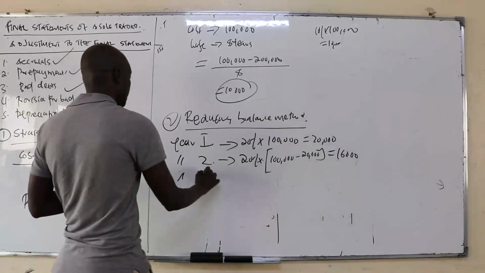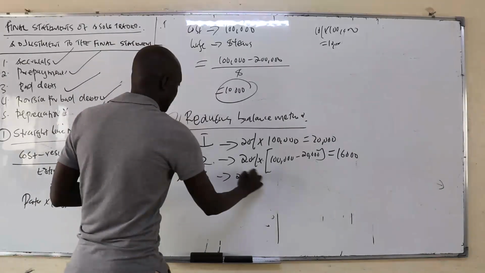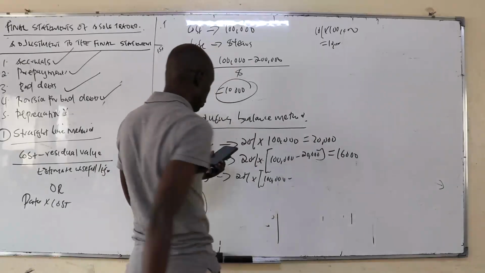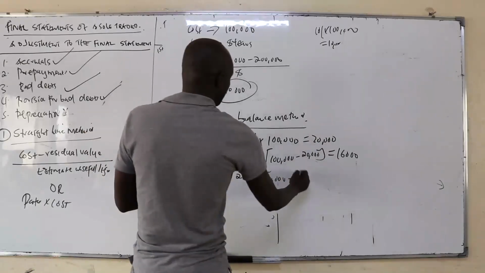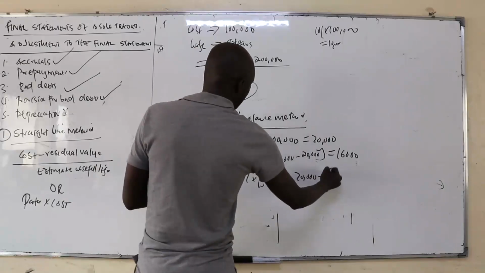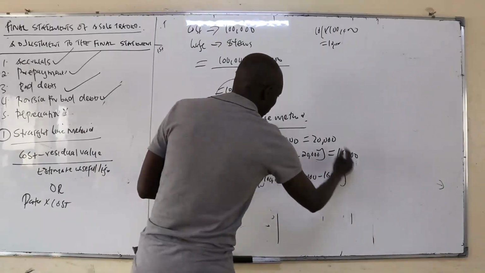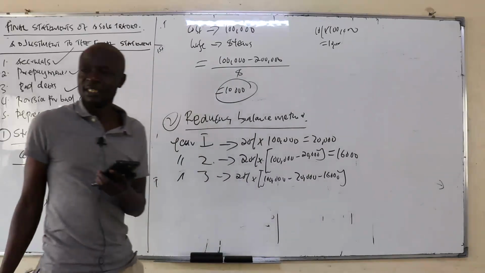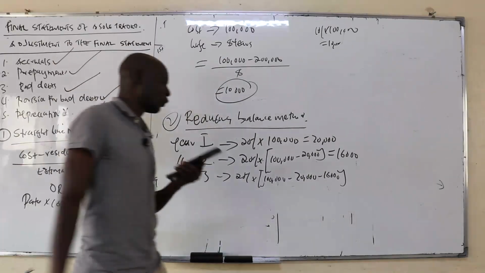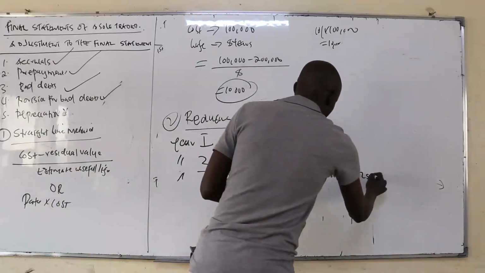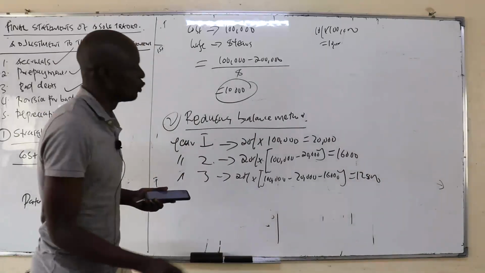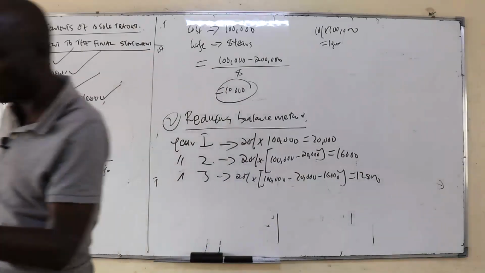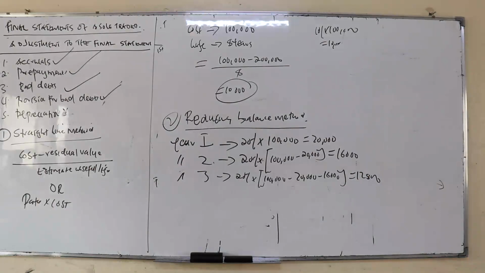Year three is going to be 20%, and then you take 100,000 minus now the two, which is 20 plus 16. When you add them, it is called accumulated depreciation. So you get 12,800. If there is year 4, you're going to add this plus this plus this, deduct from the original, and then apply 20%. So that is how we determine depreciation.